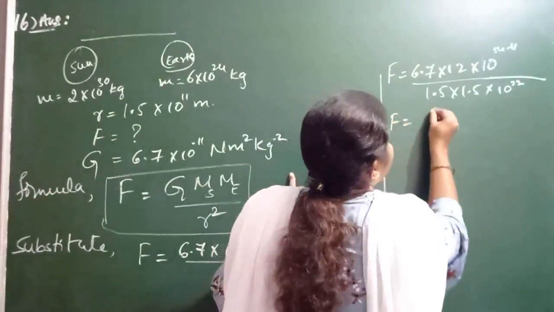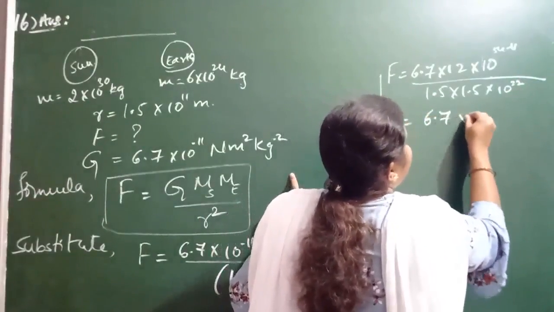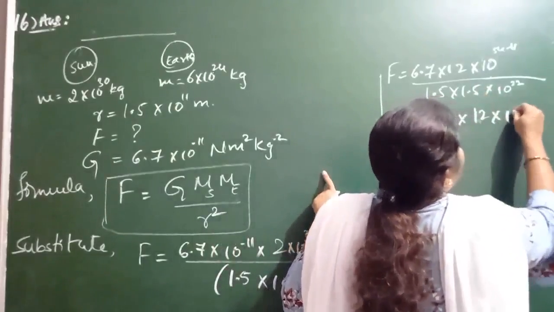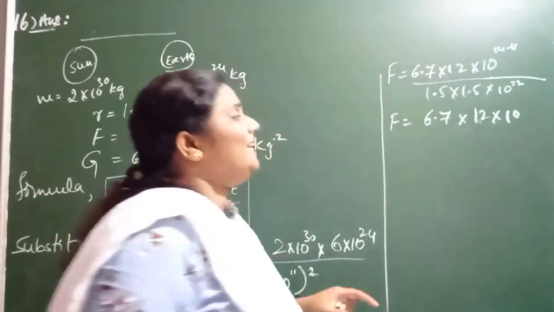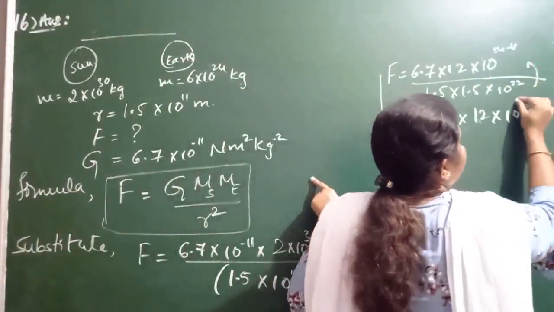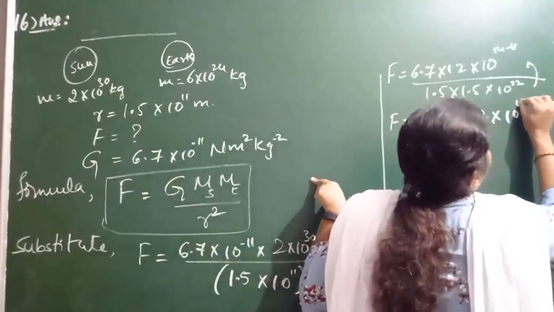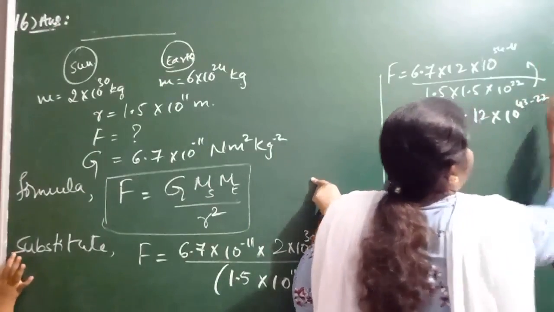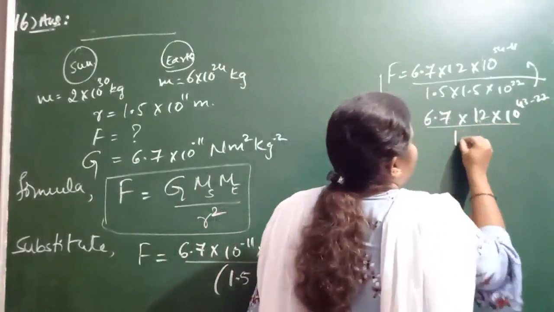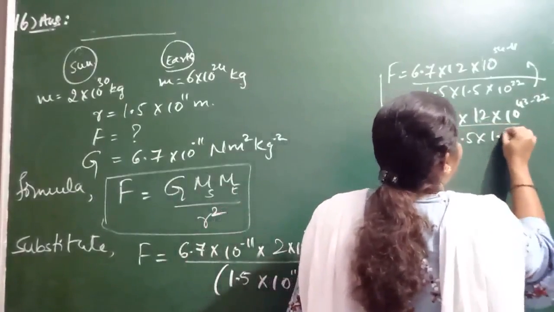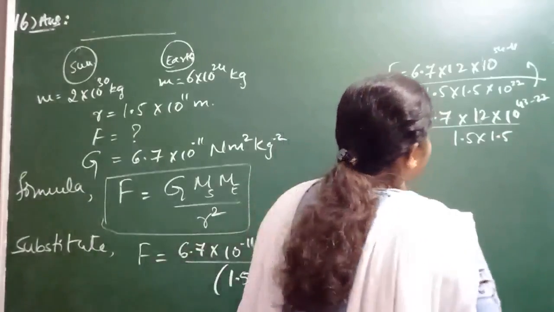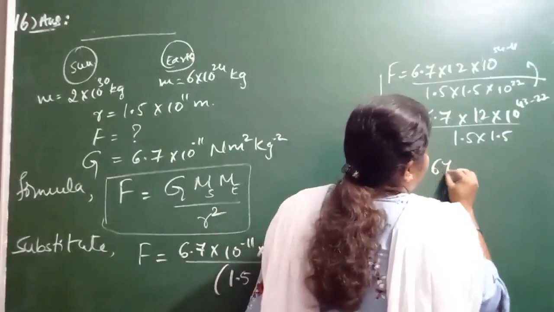So F is equal to 6.7 into 12 into 10 to the power of, what is that, 43, and this goes to the numerator, so the sign changes, what is that, 43 minus 22, whole divided by 1.5 into 1.5. So F is equal to, that is 67.